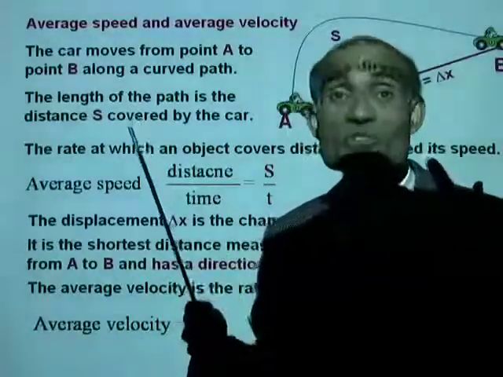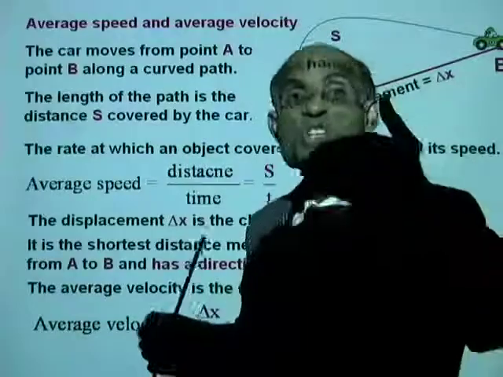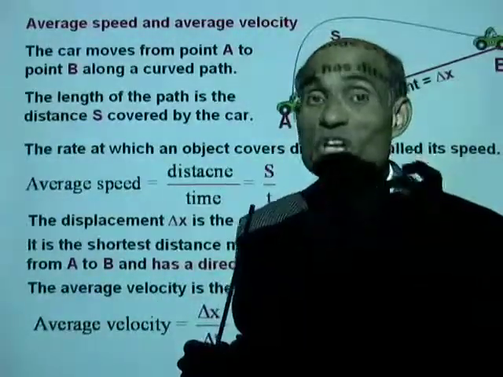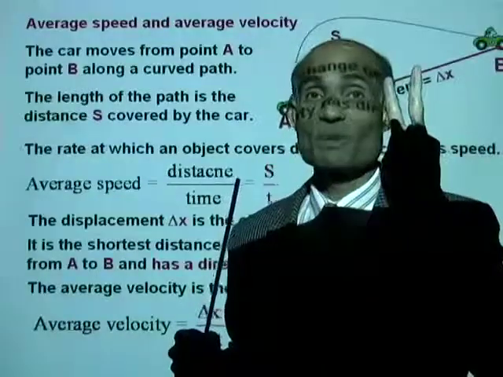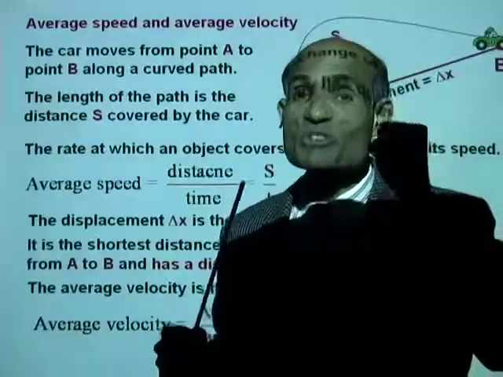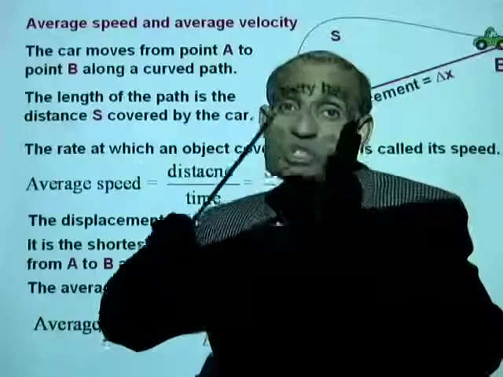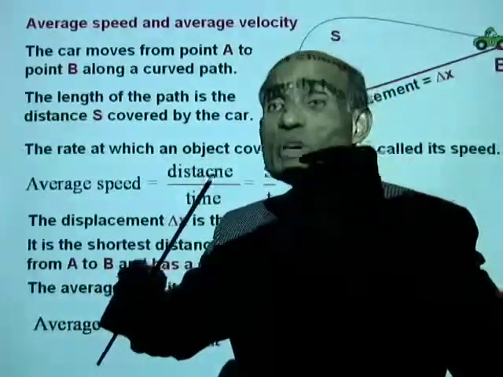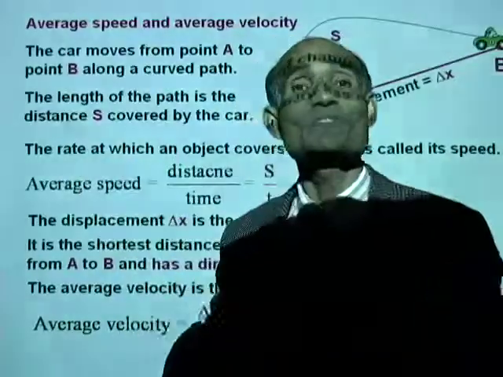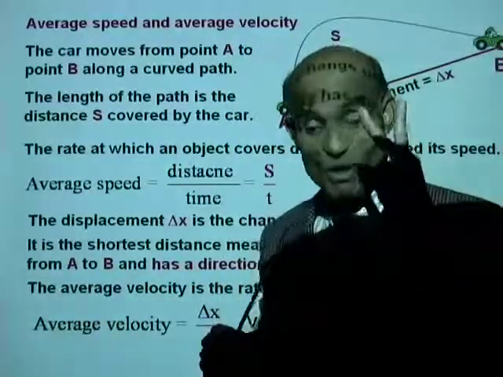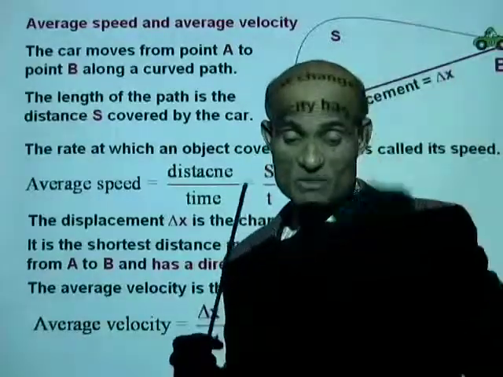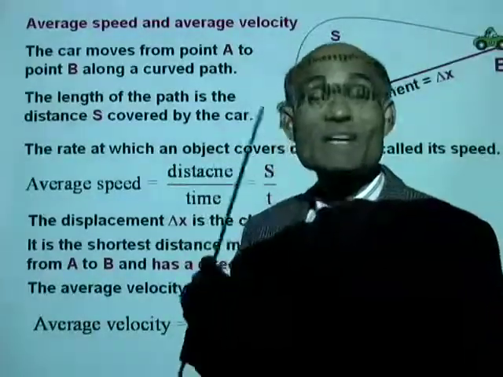Speed simply tells you the rate at which the distance is being covered, whereas velocity gives you two pieces of information. What are the two? It tells you the rate at which the position of the object changes, and also it tells you in what direction the position is changing. So velocity carries two pieces of information with it. So you must distinguish between speed and velocity.